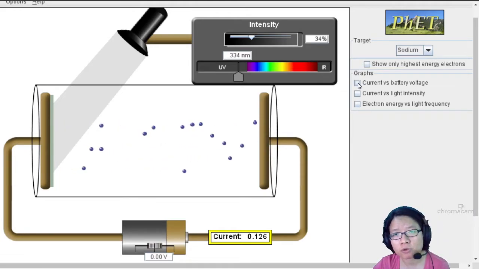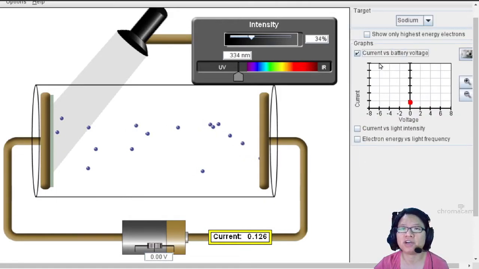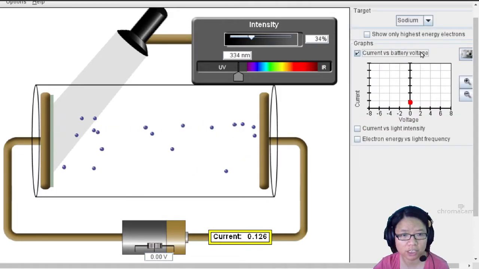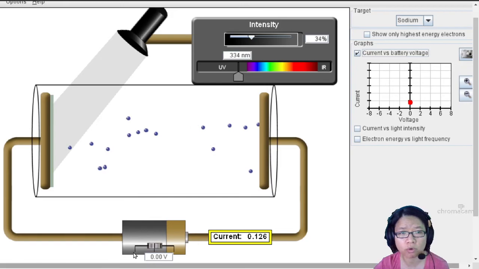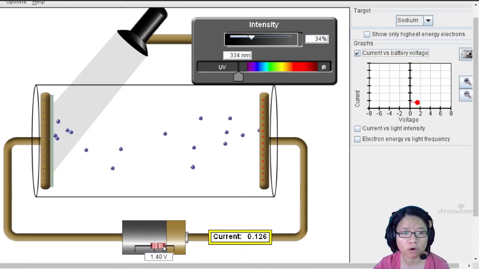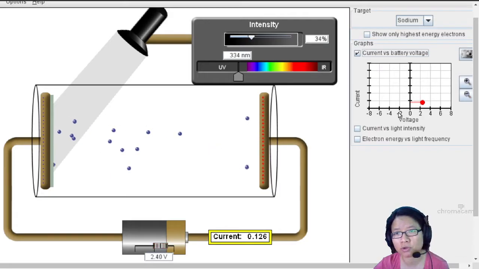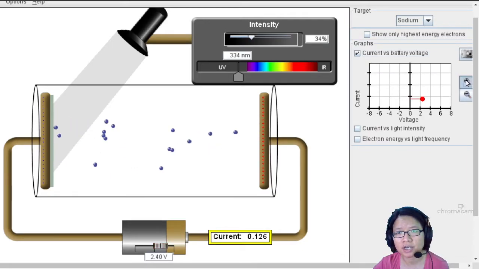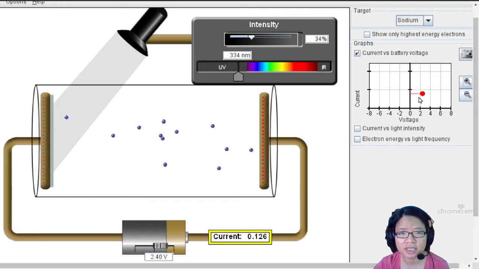Then I'm going to show you a graph of current versus battery voltage. Right now the voltage is 0. You still have current, but if I make the voltage slightly positive, you will notice, let me zoom in so you can see, you get this saturation current. This one is positively charged, so all the electrons will arrive.